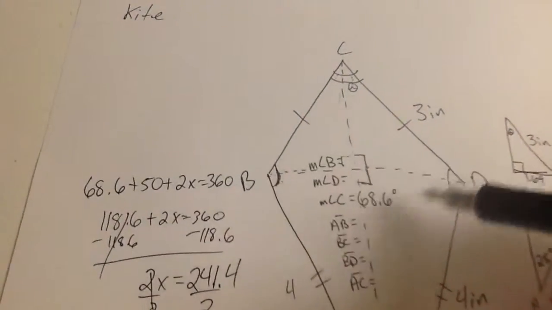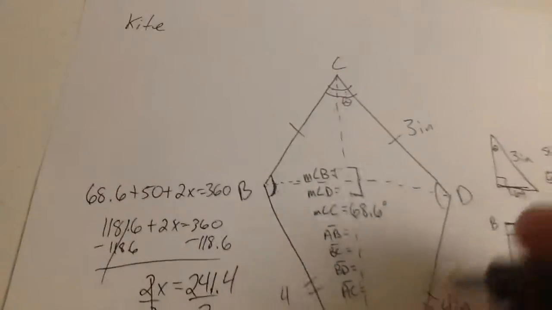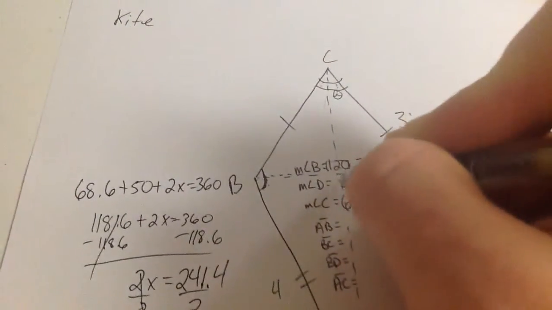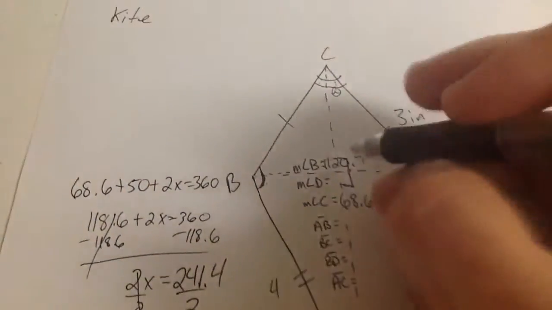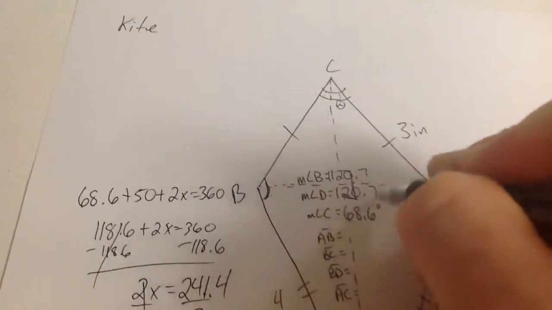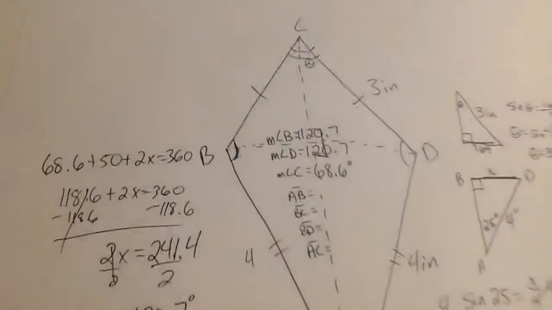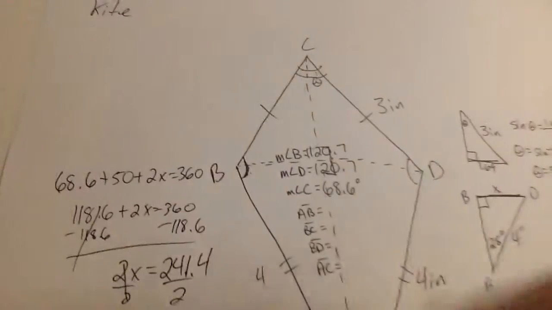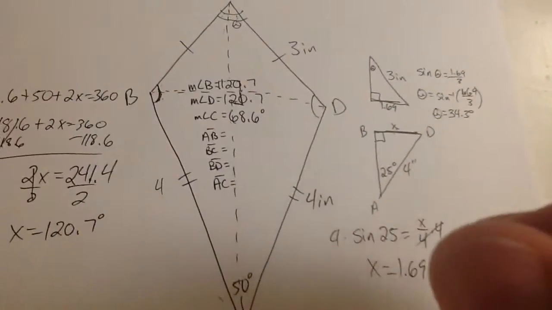So what did we just do? We solved for one of those angles. If we got one, we got the other. They're the same, so they're both 120.7 for measure of angle B, and measure of angle B. And mine's all messy in here because I wrote, but hopefully yours will be nicer. So I got all my angles, now I just got to do some sides.